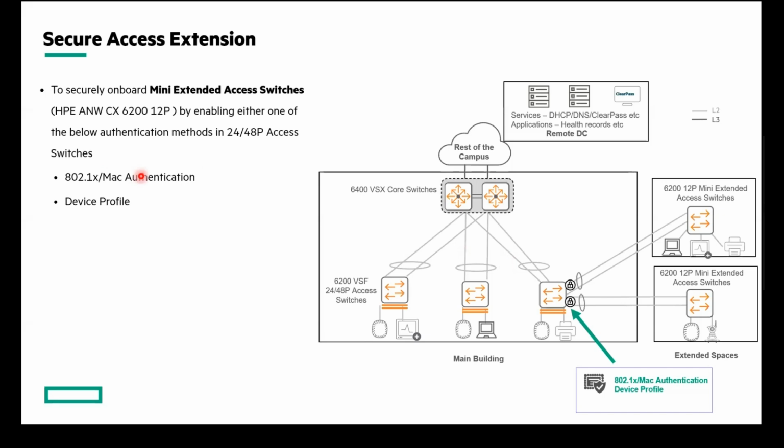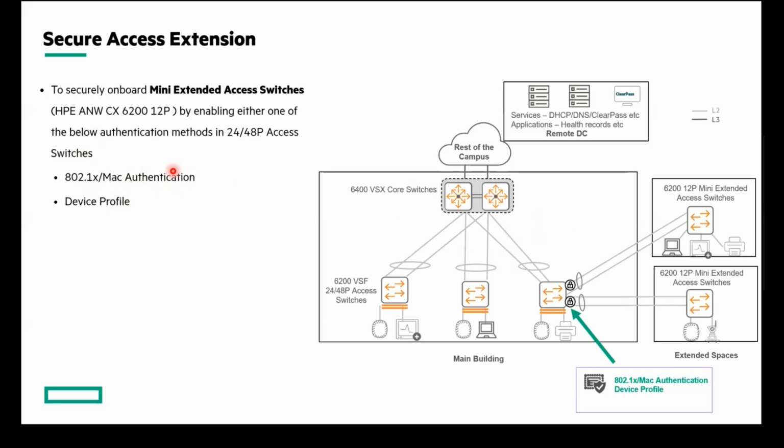Or if you want device-based authentication, we can go with the device profile. With respect to 802.1X and MAC authentication, they can be used only with physical interfaces, but device profile can be used over the LAG interfaces. That is a new feature that came in the 10.13 release.